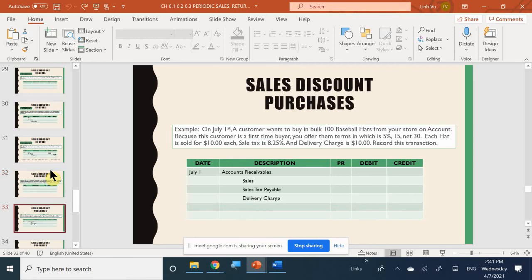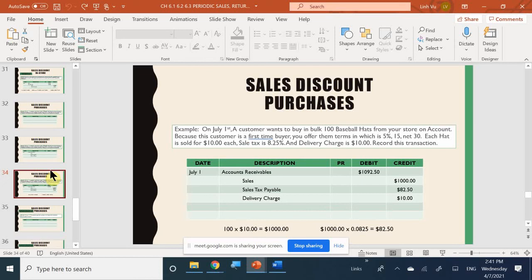Okay? So here, I'm going to recognize this. They're going to place it on an account. Okay? They're going to owe me the money, right? And second thing is I need to recognize what my actual sale was, and I also need to charge the tax, because they bought it from the store, and I'm going to charge a separate little delivery fee, okay?